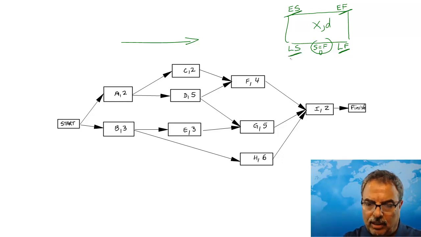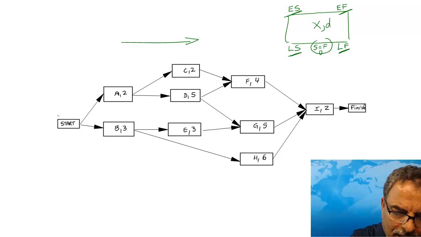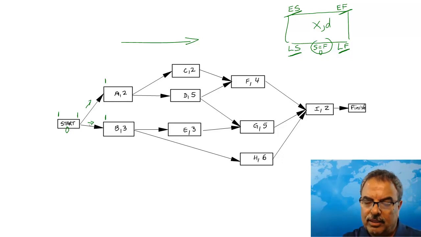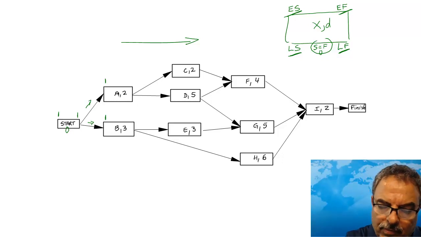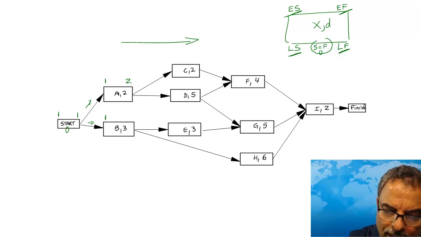So let's go back and do that. If we start here on day 1, this takes 0, so it's still day 1, 8 o'clock. The day is still available to us, so when we go to tasks A and B, we're still going to start on day 1, in the morning. Task A is 2 days, so we work the entire day 1 and day 2, and we're done at the end of day 2.